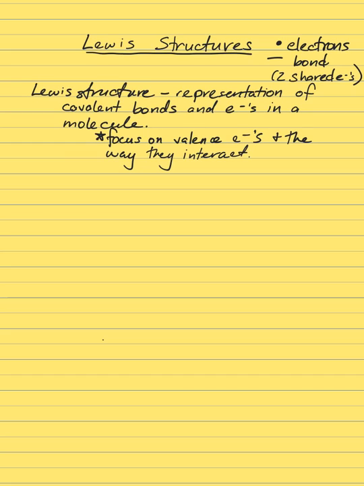So if we were to make a Lewis representation of just an atom, it would be fairly simple. We would put the valence electrons as dots around the element symbol.